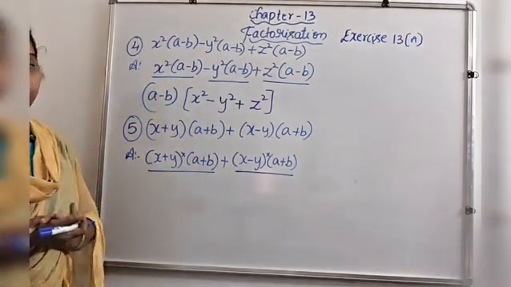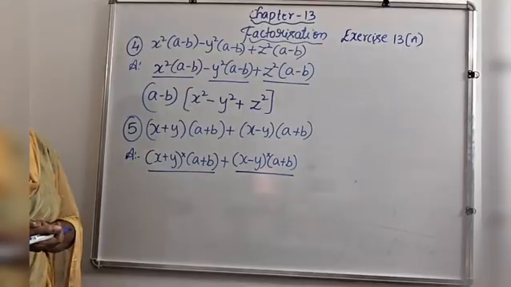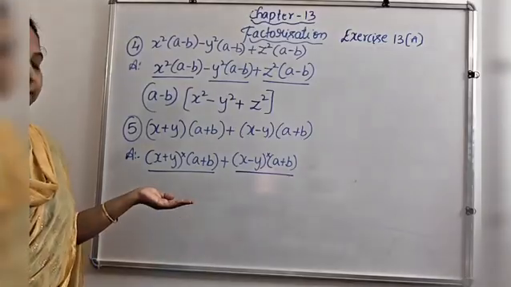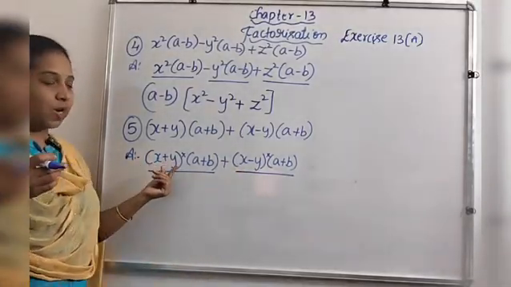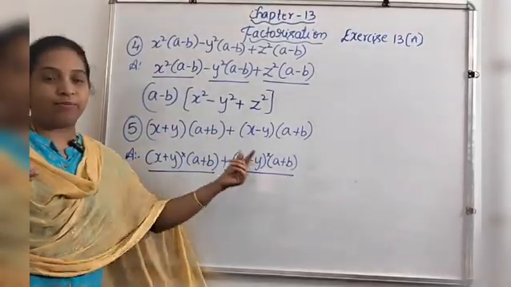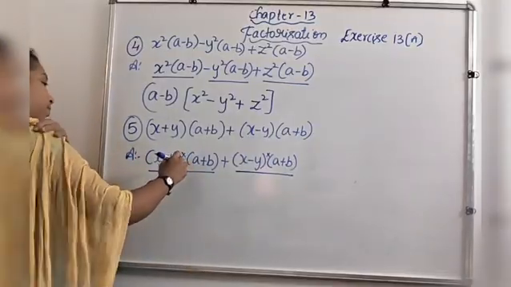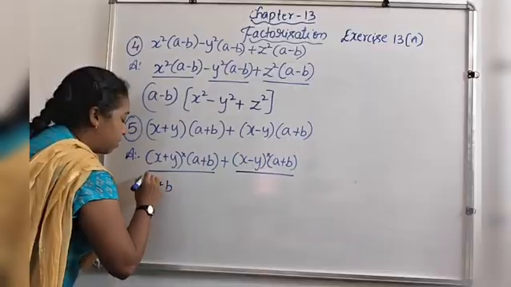That means only 2 terms you will find here. In these 2 terms, which are the common factors? Is it x plus y? No, right? Yes, a plus b. The common factor is a plus b.